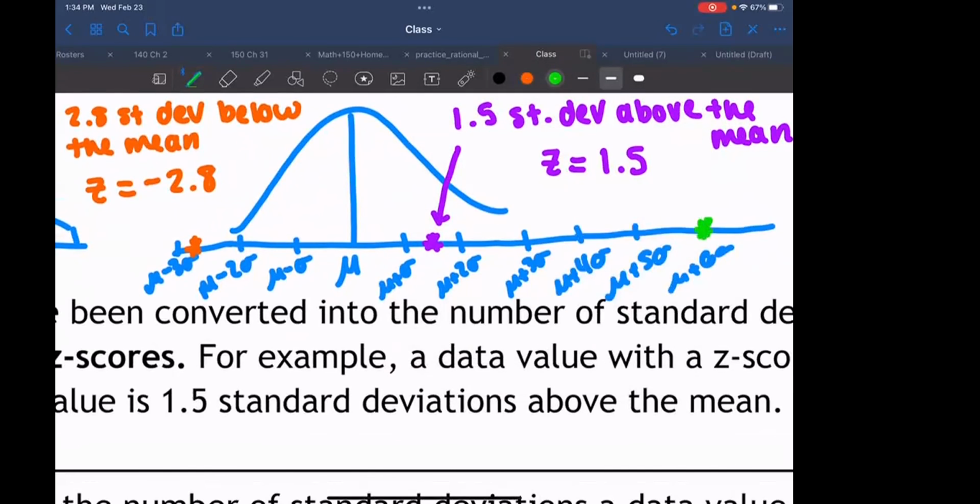What if we have this value here and it's 6 standard deviations above the mean? Well, z could be 6, right? So z could be literally any number. We could have a z of 1,000, even though that would be kind of crazy, right? Yeah, so our z-score can be any number, negative or positive. That's a good question.